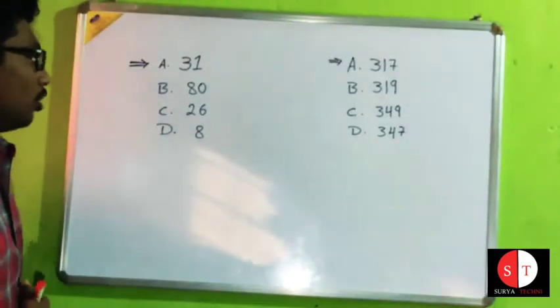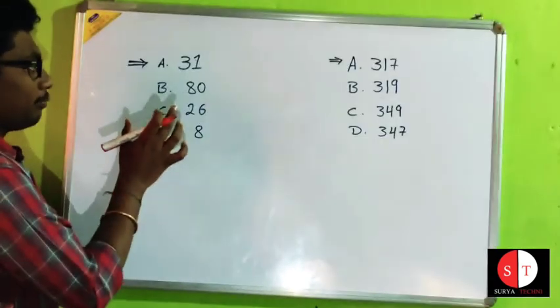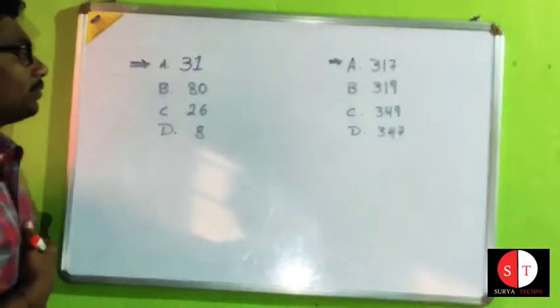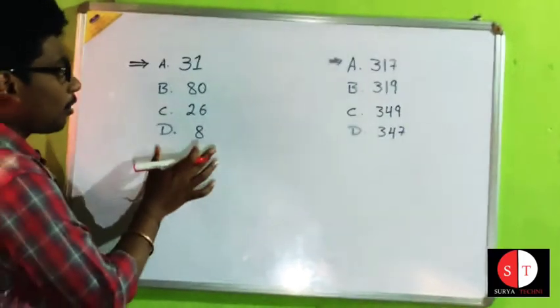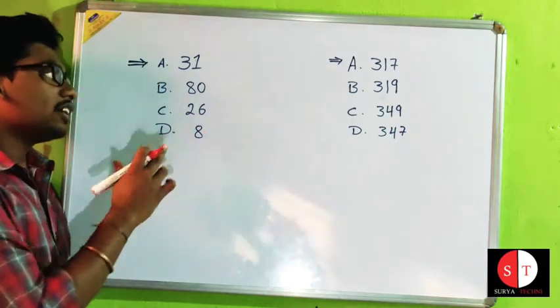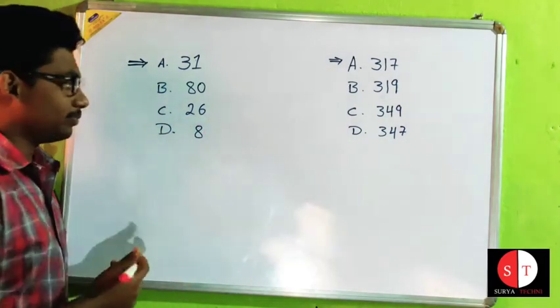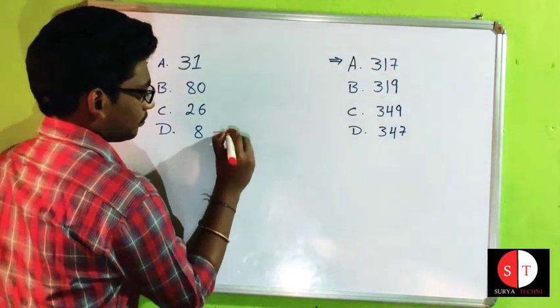Now let us look at options A, B, C, D. This type of problem can be solved with the square method or the cube method.